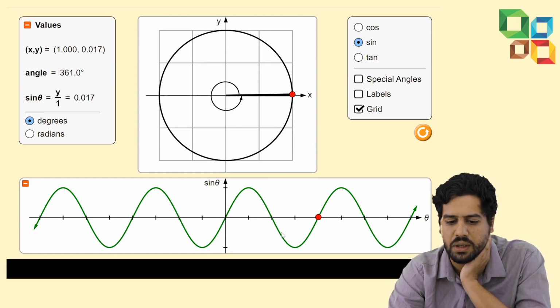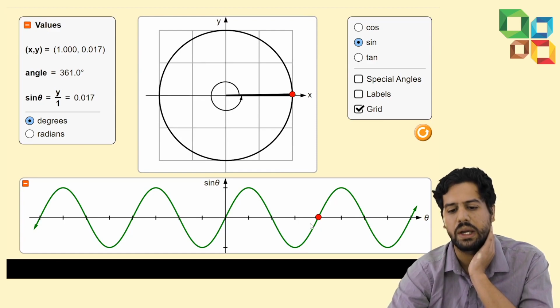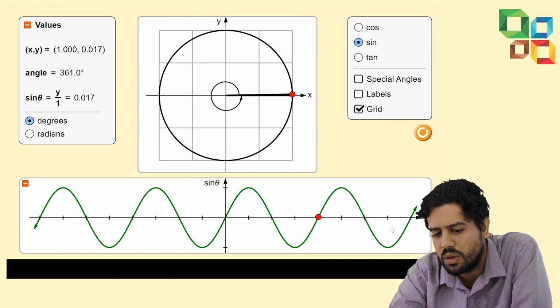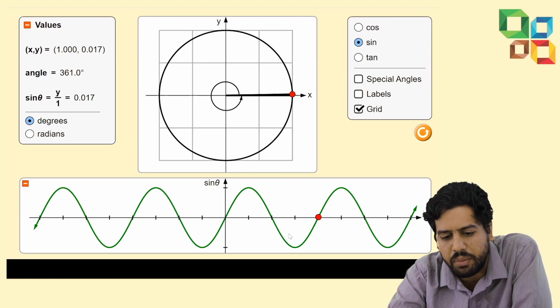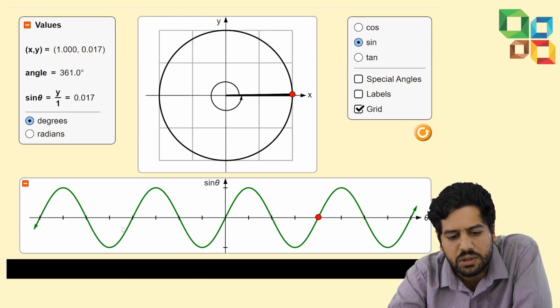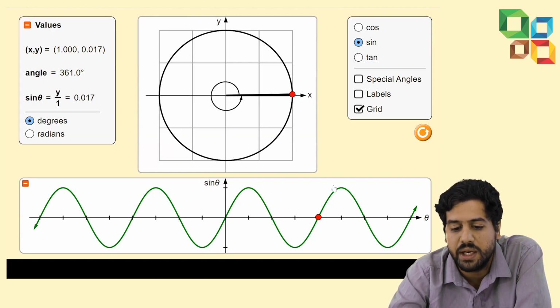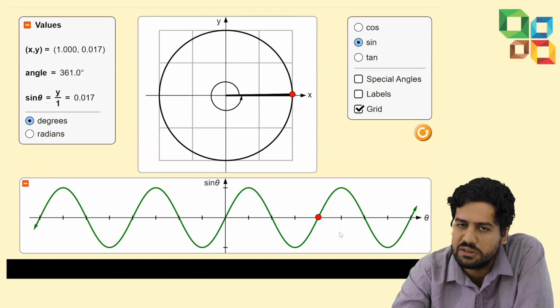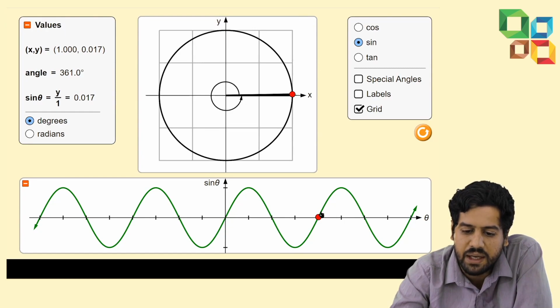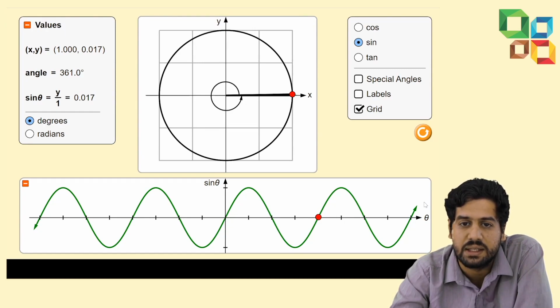It goes from here up to here. And further, the same graph will repeat. So this kind of graph is called a periodic graph. What is a periodic graph? Where the same graph repeats after some interval.